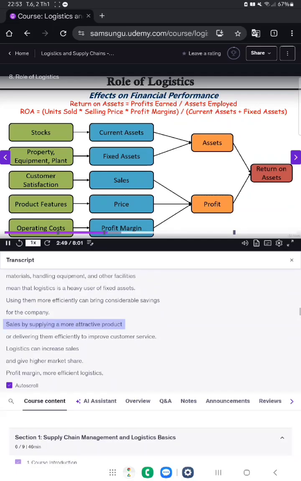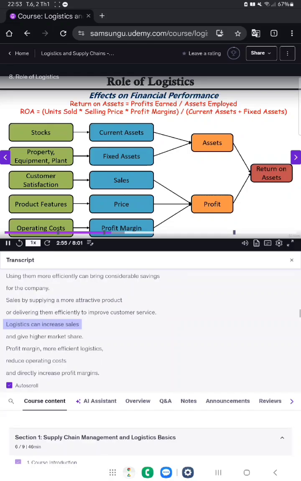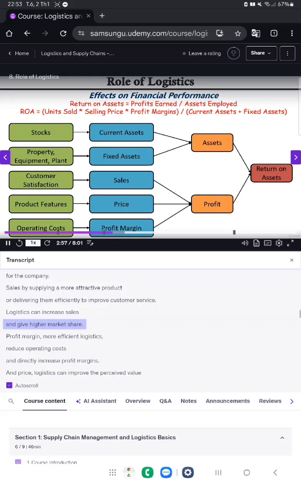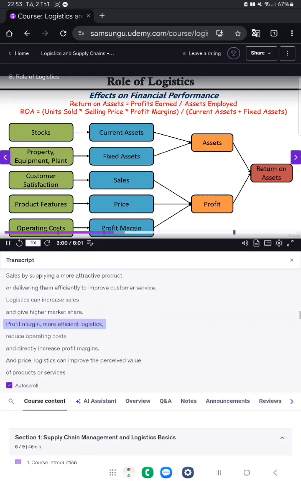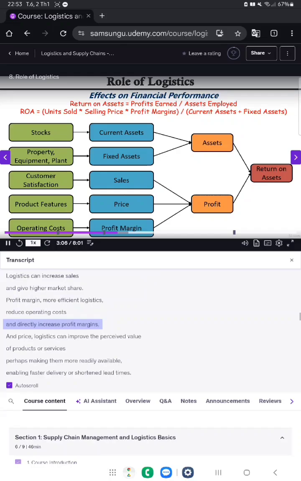And sales: by supplying a more attractive product or delivering it efficiently to improve customer service, logistics can increase sales and give higher market share. Profit margin: more efficient logistics reduces operating costs and directly increases profit margins.